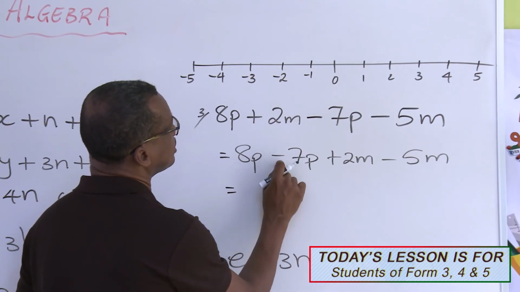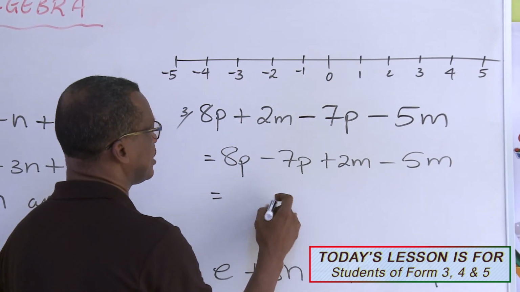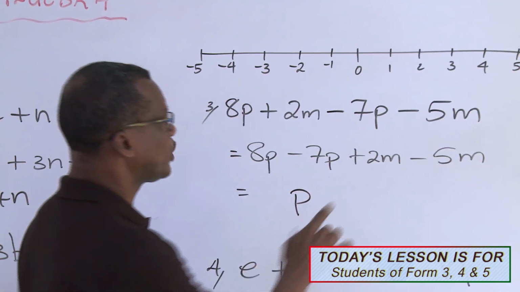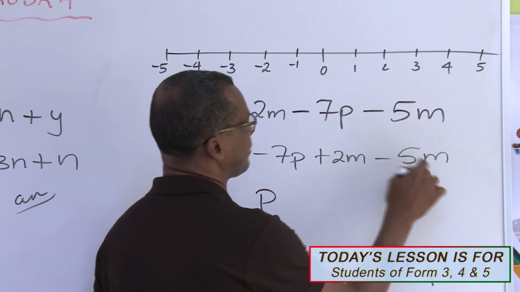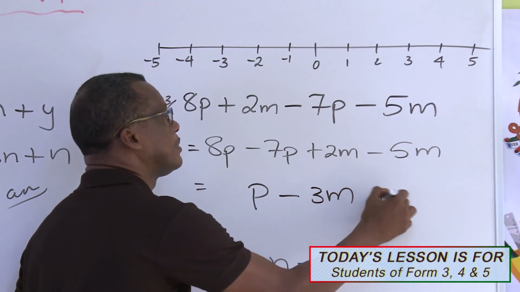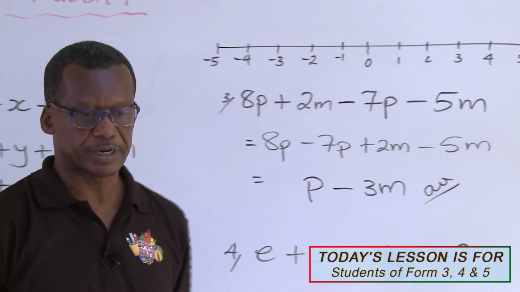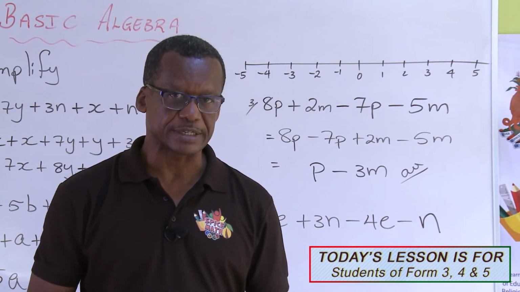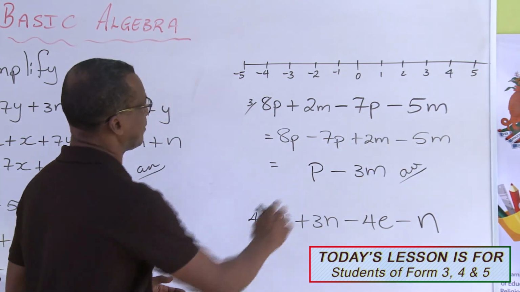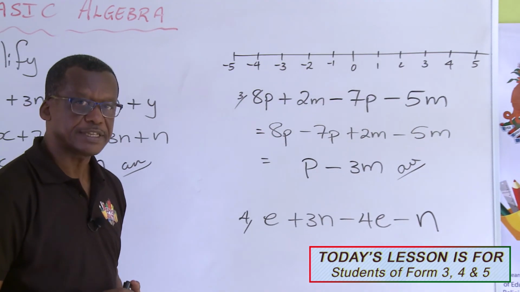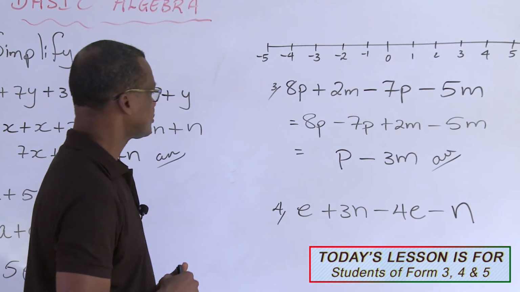So 8p, take away 7p, gives me 1p. And 2m, take away 5m, gives me negative 3m. If you remember how to add on the number line and how to subtract, 2m take away 5m would give negative 3m.